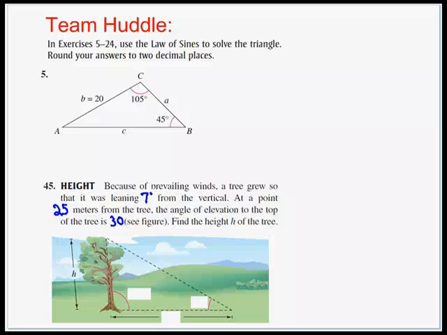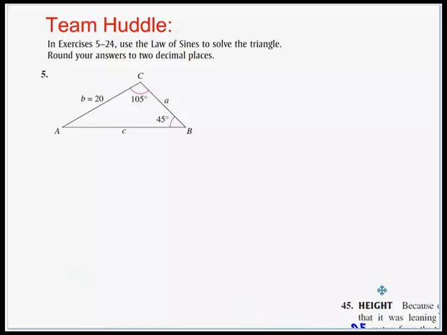So let's see here in number 5. We're going to use the law of sines. A over the sine of A is equal to B over the sine of B is equal to C over the sine of C. First order of business, find missing angle A. Subtract the other two from 180 and you get 30 degrees.